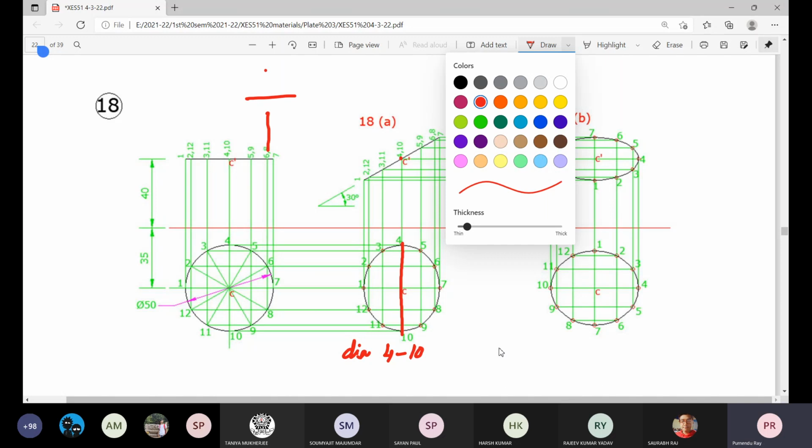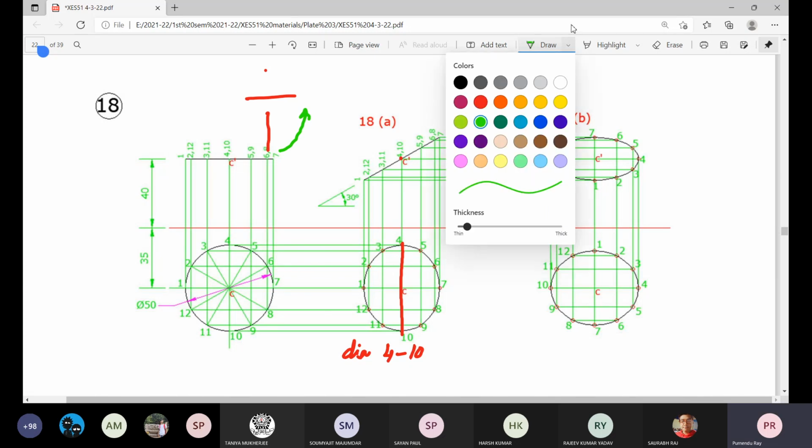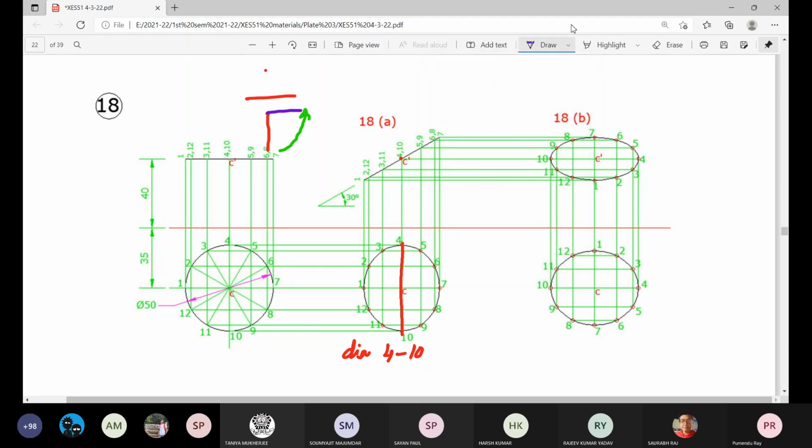Simply rotate it through an angle of 90 degree. Now it becomes the new position of that same diameter 4-10. Earlier it was 4, it was 10, and this point was 4-10. Now the 10 is shifted here, and correspondingly 10 is shifted here.